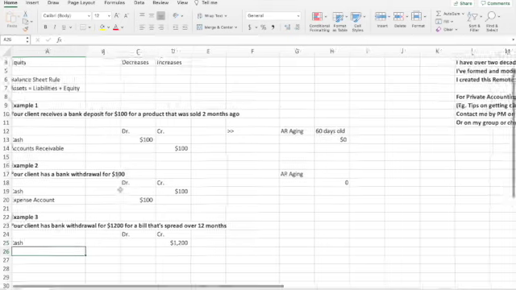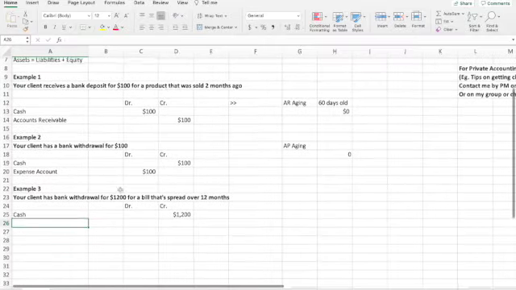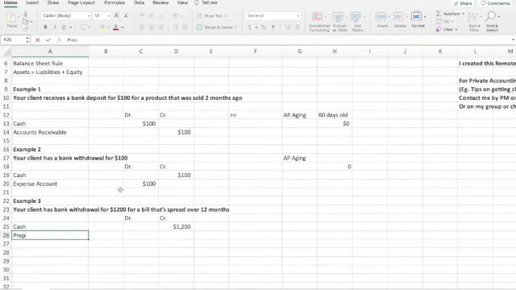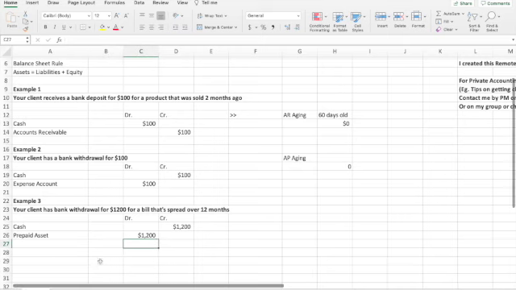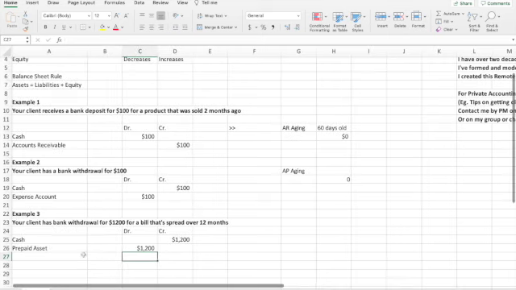But there's something called a prepaid asset, right? And for this example, guys, I'll spell it out here. We'll say it's $1,200. That's a prepaid asset that it's hitting. You're basically getting this asset that's going to be spread out over 12 months.